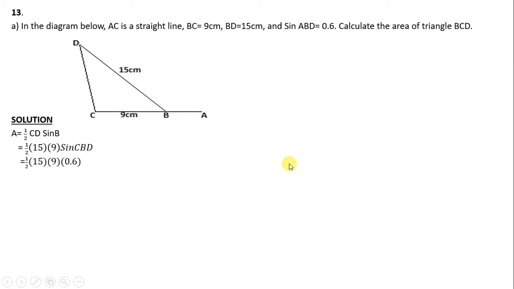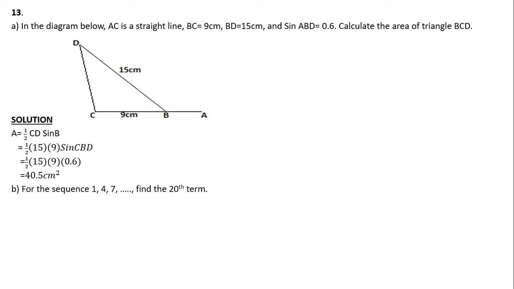So where there's this CBD, it is the same as the angle ABD. So we are just going to replace it with 0.6 there. If you multiply half times 15 times 9 times 0.6, you are going to get 40.5 square centimeters.